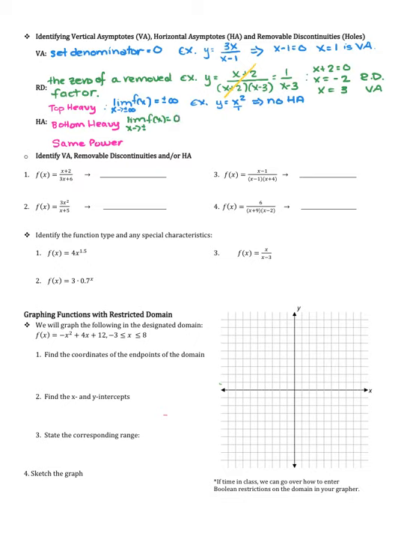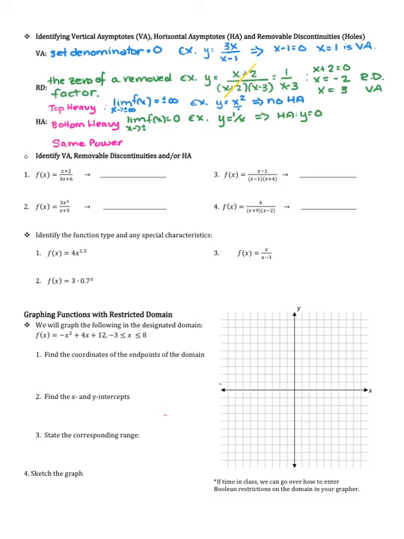So anytime you are bottom heavy, your final asymptote will be the x-axis, or y equals 0. So a real easy one, y equals 1 over x. This horizontal asymptote would be y equals 0, always, which in other words is the x-axis.